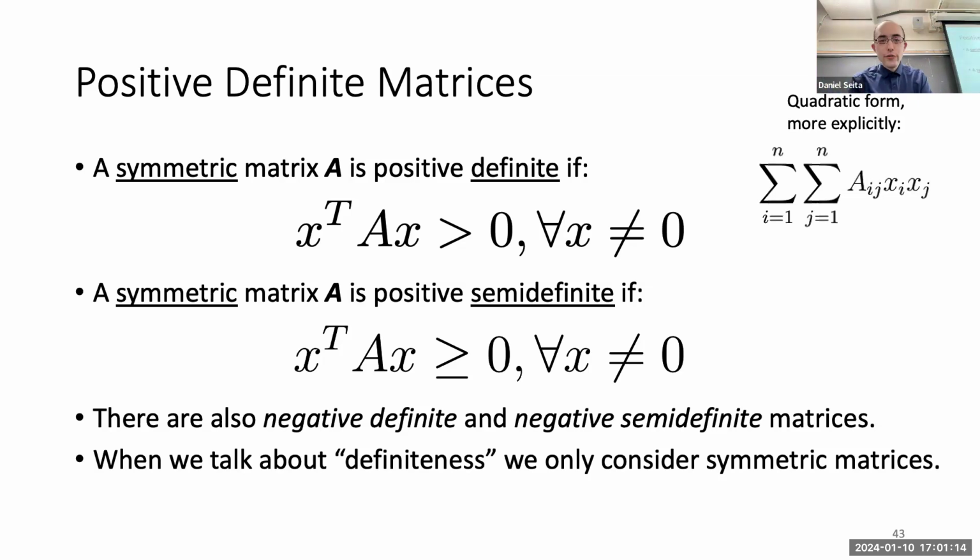And if you're wondering how to write this out more explicitly, this thing here is the same as this. You sum all the rows and columns and you get a_ij times x_i and x_j. But usually writing it as x transpose Ax is simpler.